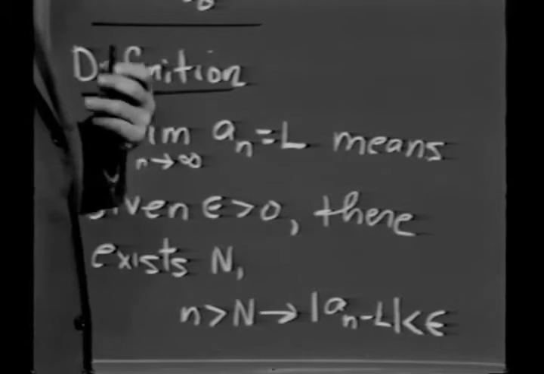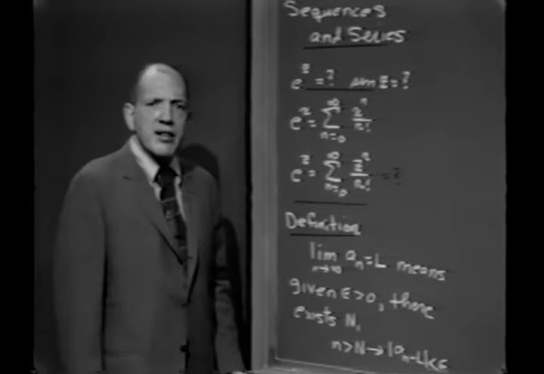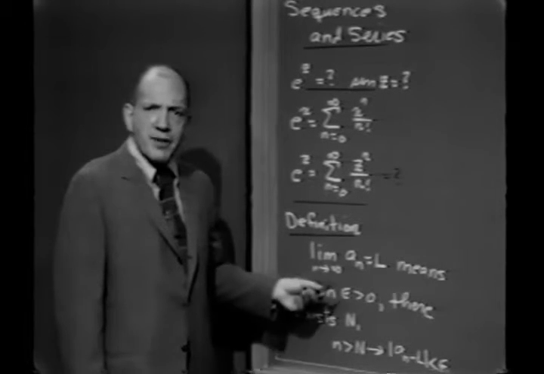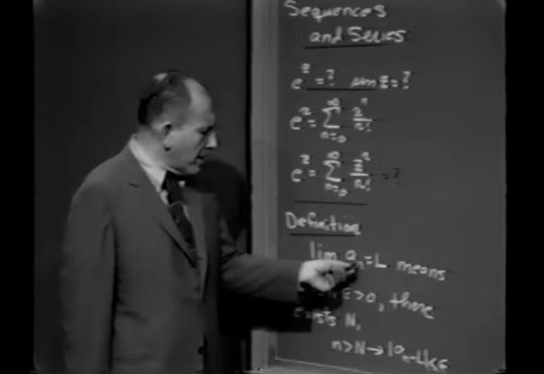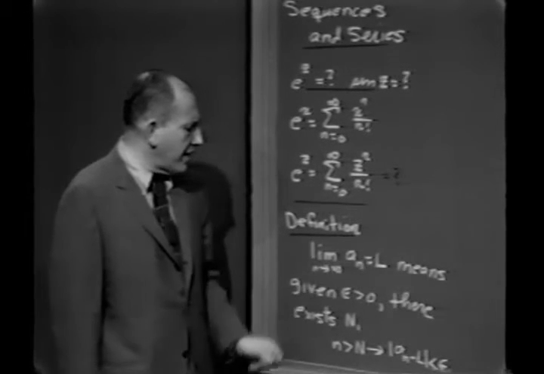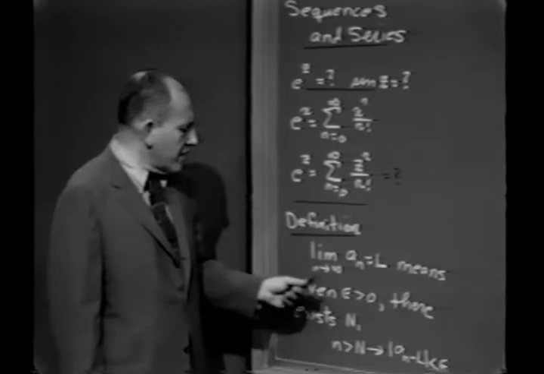But here is the interesting point. No place in here do I mention that a sub n and L have to be real numbers. In other words, when I made up this definition, I assumed that they were, but notice that no place in this definition do I say that a sub n and L are real. In fact, where are the only places that I use realness?